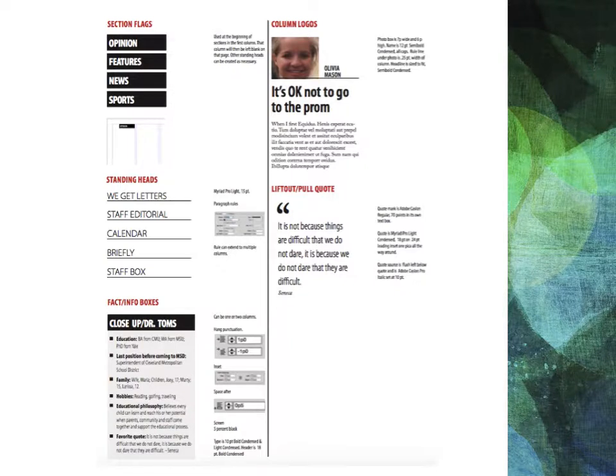Every issue that comes out, you would have a staff editorial, and so you want to make sure that whatever that choice is for that standing headline, it's the same from issue to issue, that you have that continuity. Of course, these fact boxes would be different from issue to issue in terms of content, but the look, again, you want your readers to become comfortable with knowing what things look like in your publication.